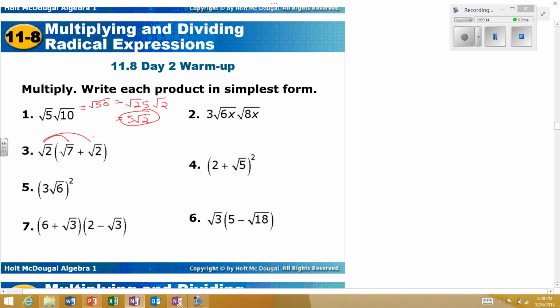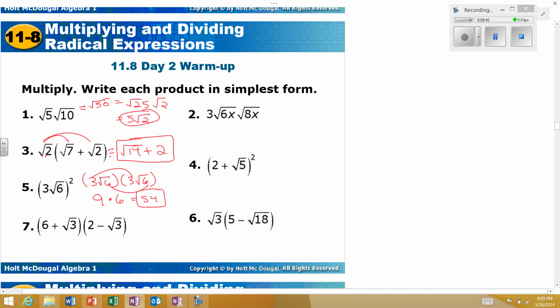When I have this one, I need to distribute, so I'm going to get radical 14 plus, when I have the same thing times itself, it just becomes what's underneath, so plus radical 2. When I take 3, so I'm going to write this out, 3 radical 6 times 3 radical 6, this times this is my 9, and then these multiplied together become 6, so when I carry that out, I get 54.